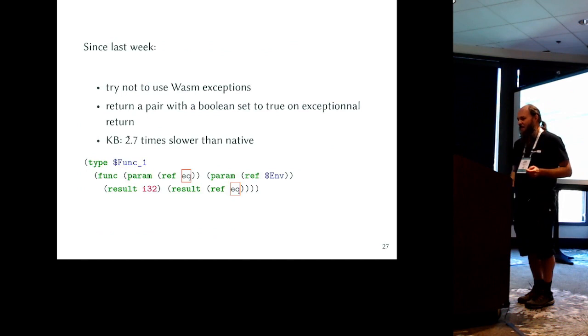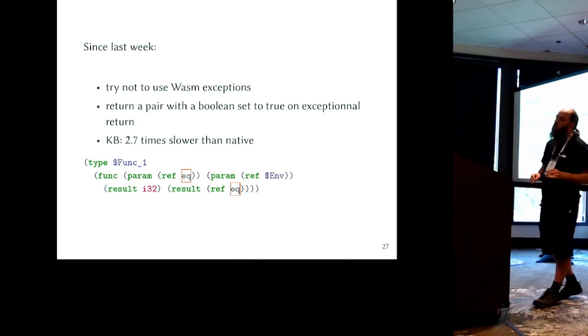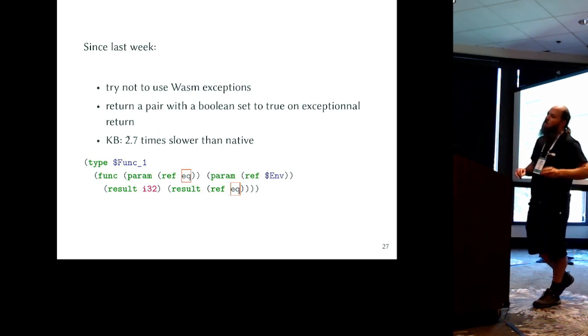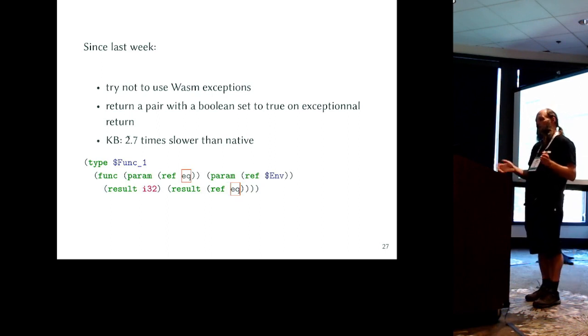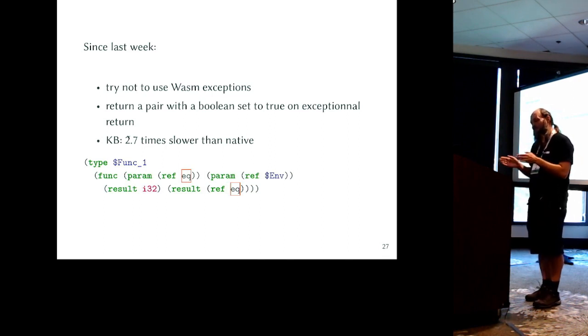But we did hack a few things, just to try to avoid the problem. And if we try not to rely on exceptions, programs that do rely on exceptions in OCaml, so Knuth-Bendix, the preferred benchmark of Xavier Leroy, usually he says that it performs basically the same as Coq, so it's a good idea to have that fast. Xavier is going to be happy.